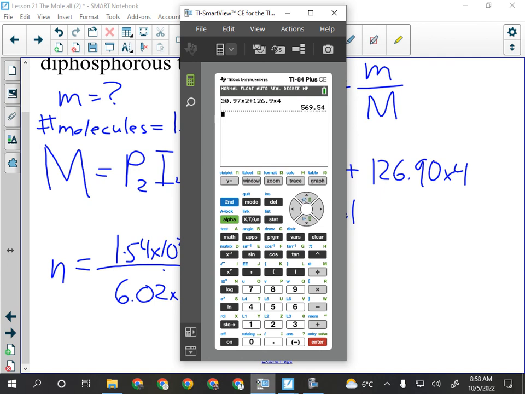They both need to be in brackets. So 1.54 E 25 divided by, in brackets, Avogadro's number, 6.02 E 23. That's what it should look like in my calculator. So 25.58 moles is how many moles I have here.